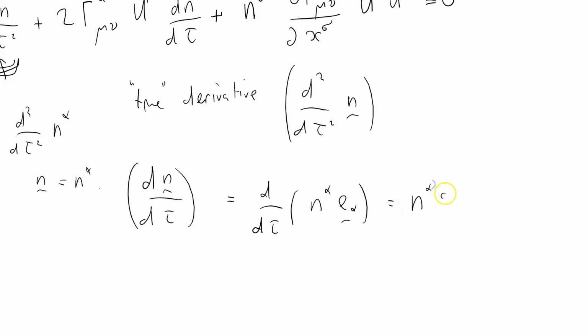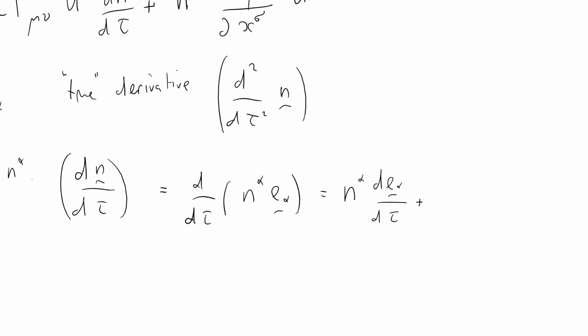So we've got n alpha d e alpha, that's a vector of course, by d tau, plus e alpha dn alpha by d tau. It's e alpha, these are the basis vectors, dn alpha by d tau, plus n alpha. Now I can't just have the rate of change of the basis vectors with respect to tau.